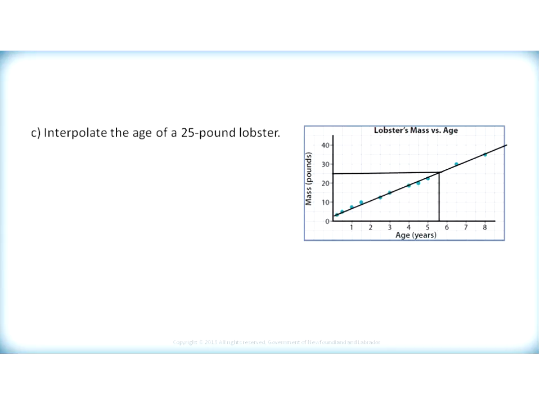So the age of a 25-pound lobster appears to be, based on interpolation, about 5.5, 5.6 years old. Oops, I got to change to a pen.